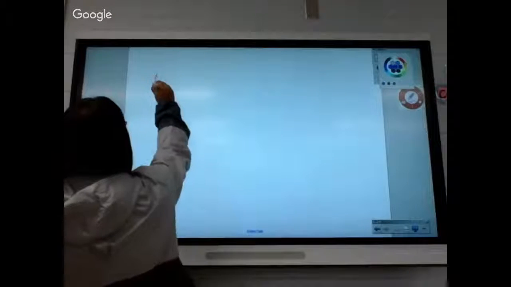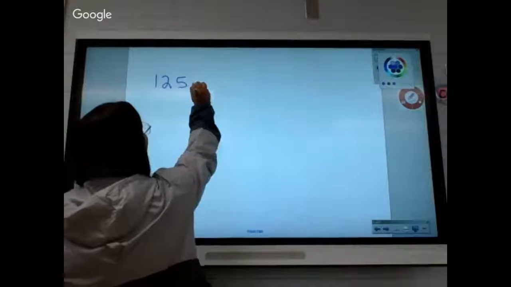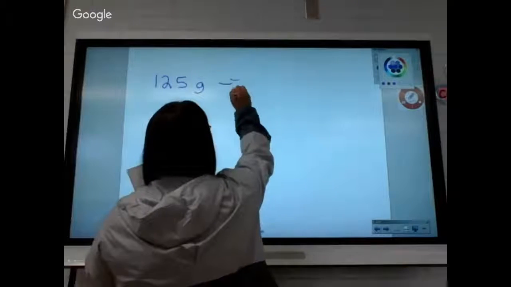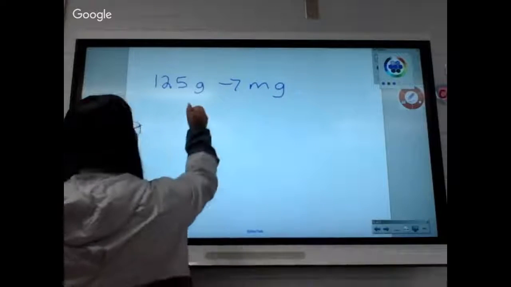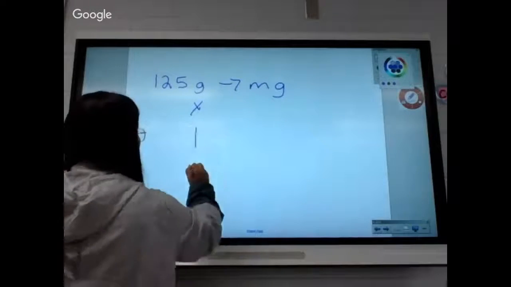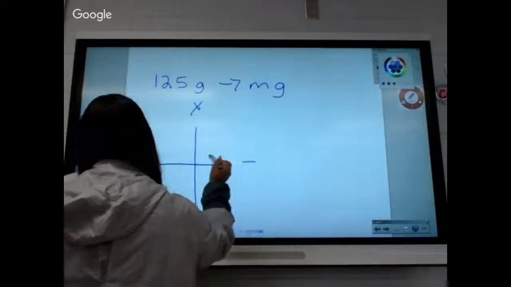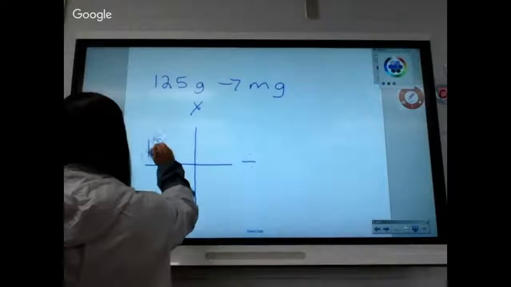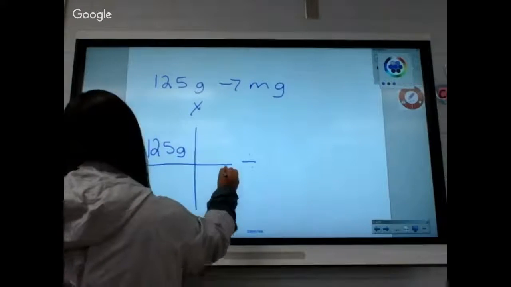So it's 125 grams to milligrams. So you make your chart. Multiplication, division. You put 125 grams here. You want to cancel grams out.